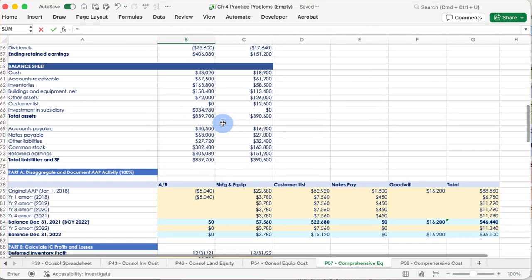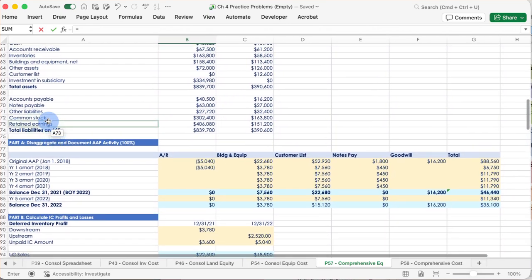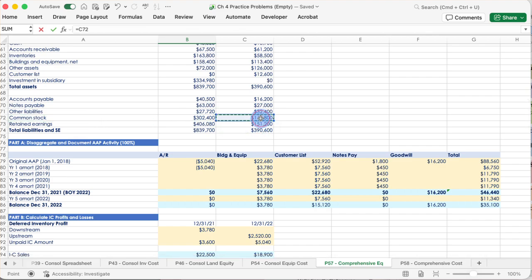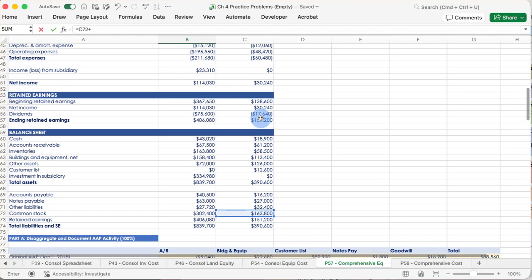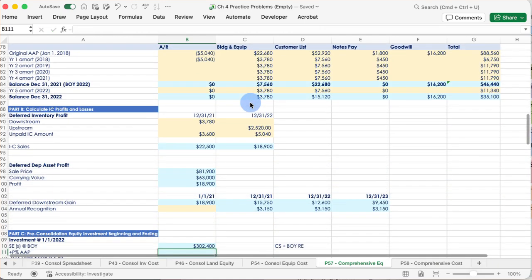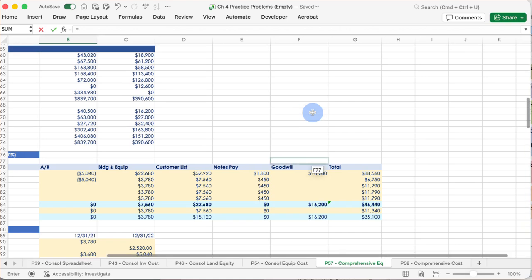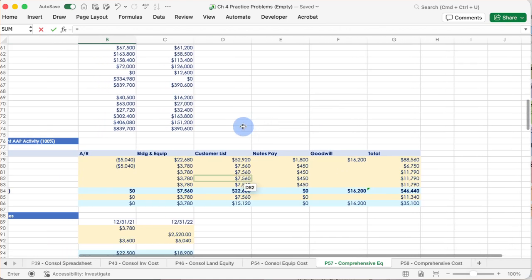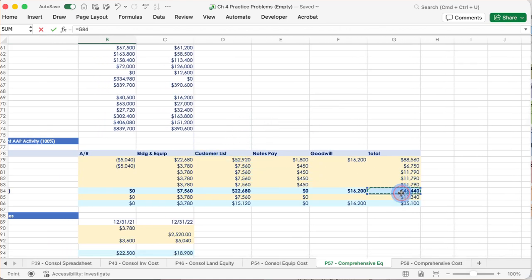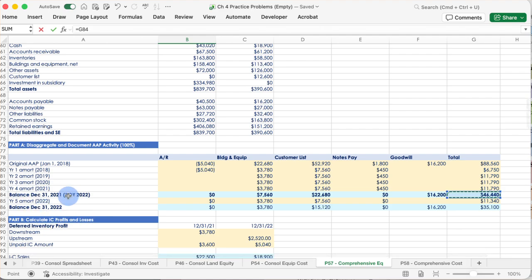We have common stock here plus beginning of year retained earnings. So we have 302,400. Then we're going to add our AAP, which we have right here, and we can see this is the beginning of your total.